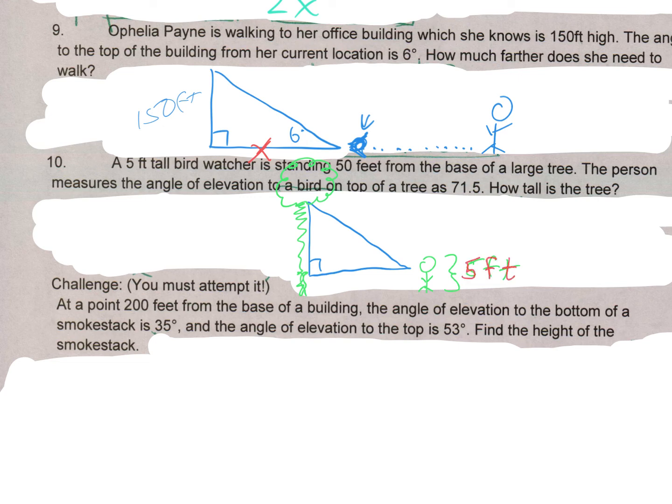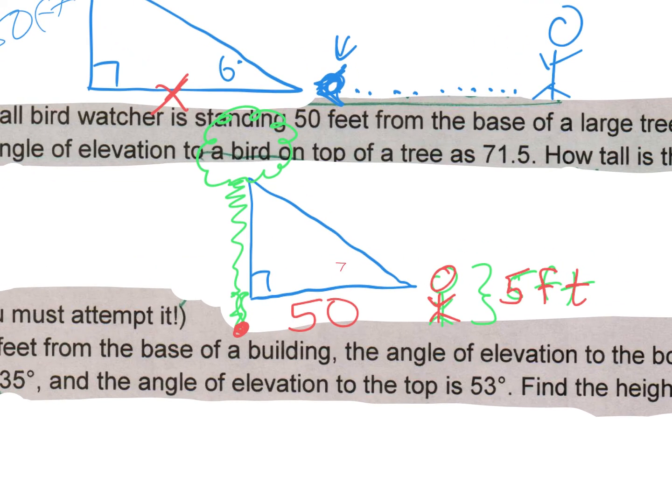Because think about it, we've talked about angles of elevation and depression. It's always from your line of sight, from where you're standing. So it says they're 50 feet from the base of the tree. How far is the bird watcher that I just drew from the bottom of the tree over here? 50 feet. So do you guys agree with me that's 50, yeah? Okay. The angle of elevation to the top is 71.5. You guys agree that goes there?